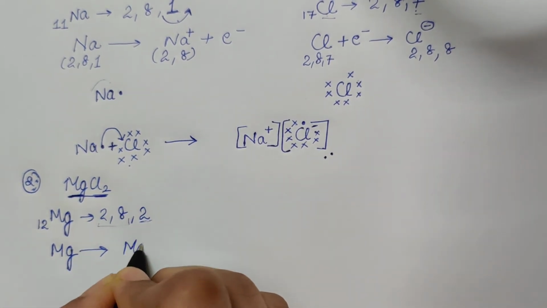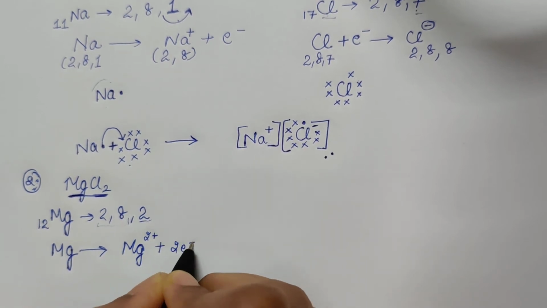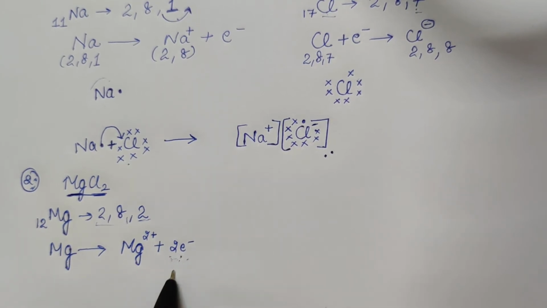So it will be Mg 2+ plus 2 electrons, and remember whenever you write like this, the lost electrons are always written on the right side of the arrow in the case of a metal.